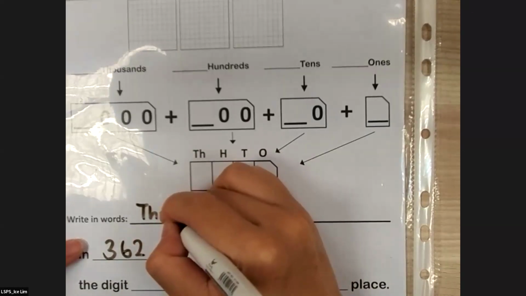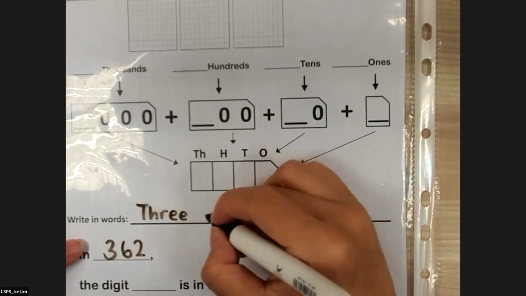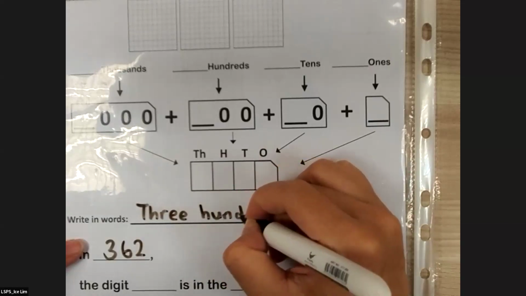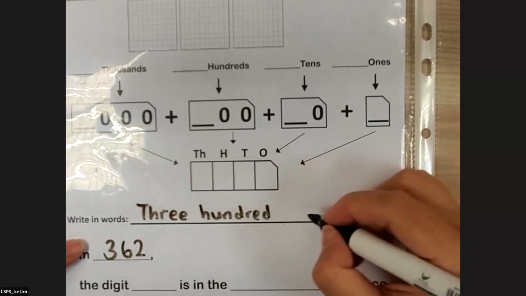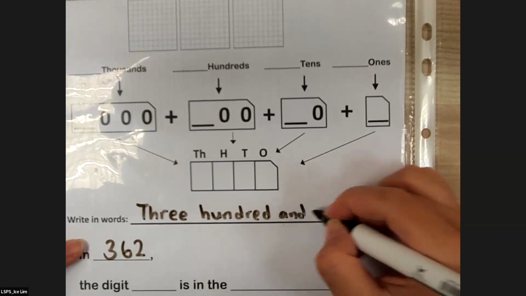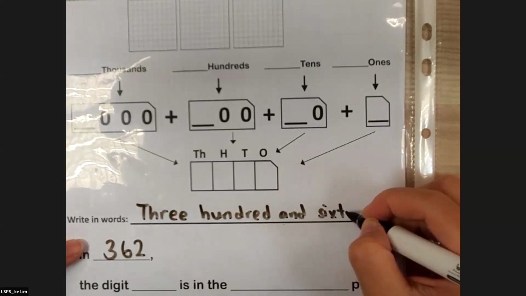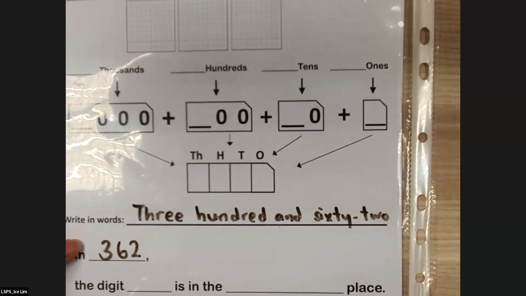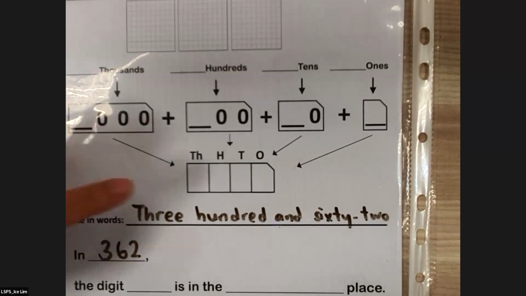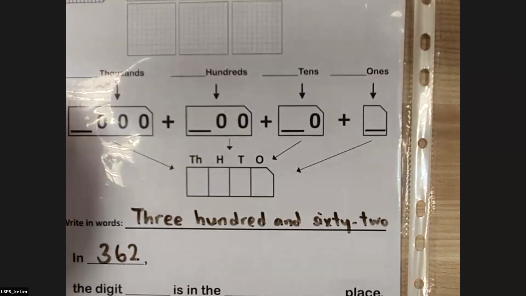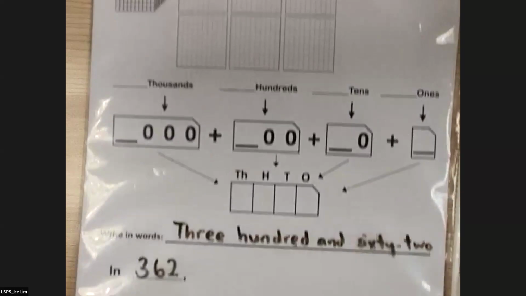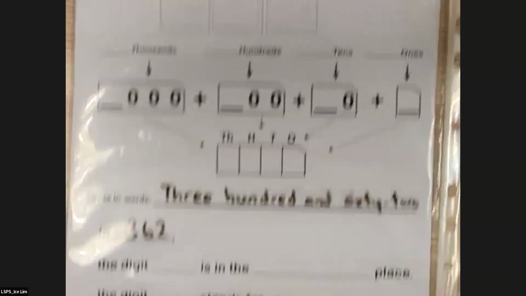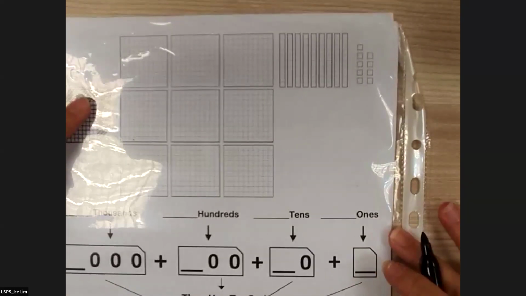Okay, write it out in words. 362. Okay, so you can fill in the template here in any order. Okay, I like to go with the hundreds and tens place value blocks first.